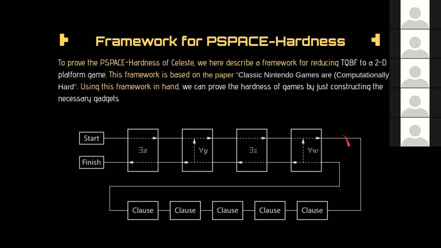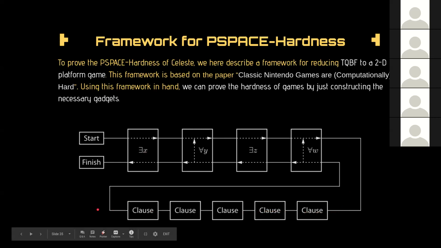Then we set w as true. We check if all the clauses are satisfied. If they are not satisfied, since we are verifying a solution, then you immediately know this solution is wrong. You have to verify that the solution is correct.